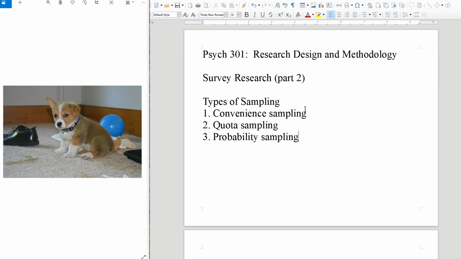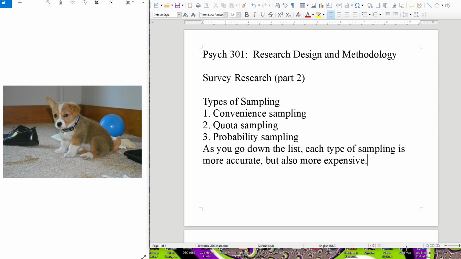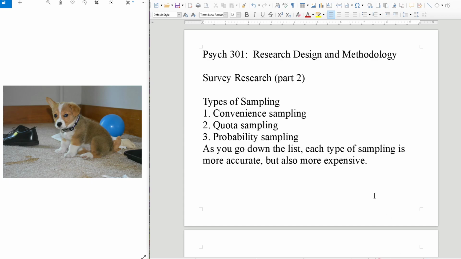Okay, now, as you go down the list, each type of sampling is more accurate, but also more expensive.